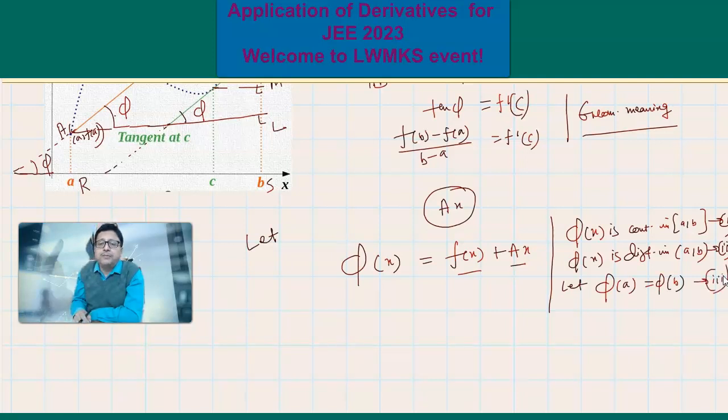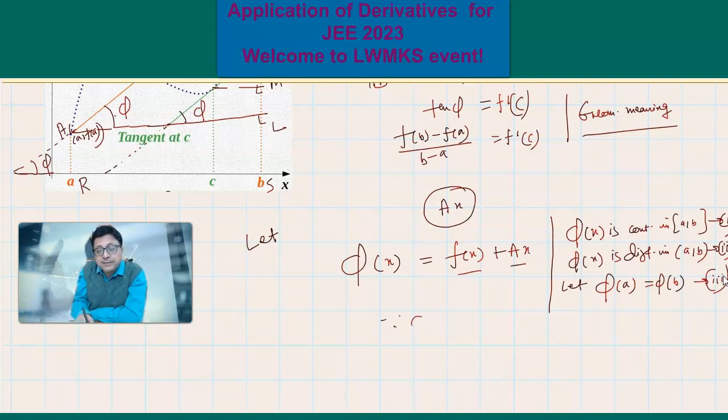Then what do you observe for the function phi(x)? All the conditions of Rolle's theorem can be used on phi(x). It is continuous, it is differentiable, and we brought in another condition, phi(a) equal to phi(b). So the third condition of Rolle's theorem is also satisfied.